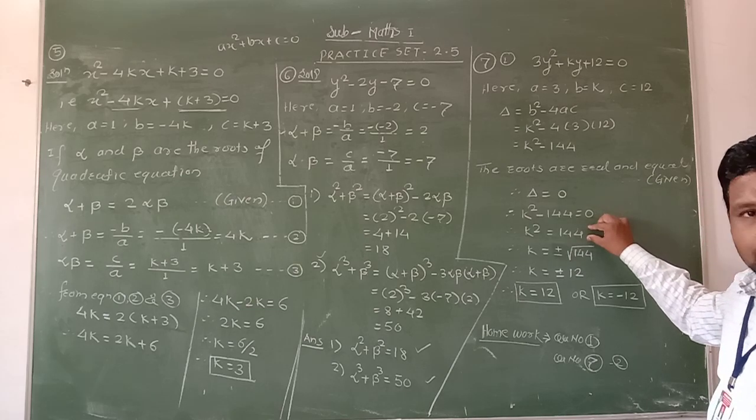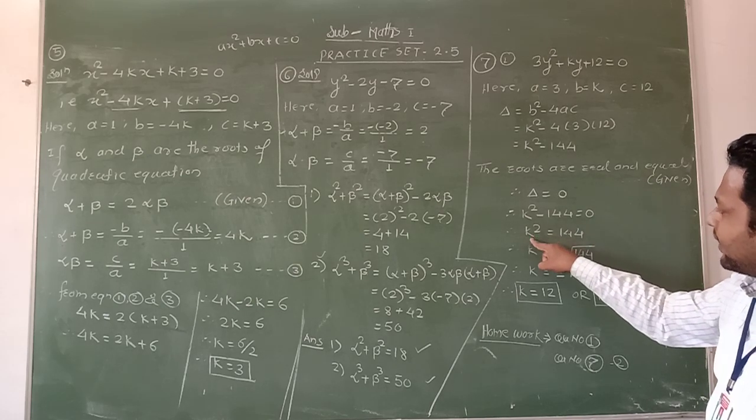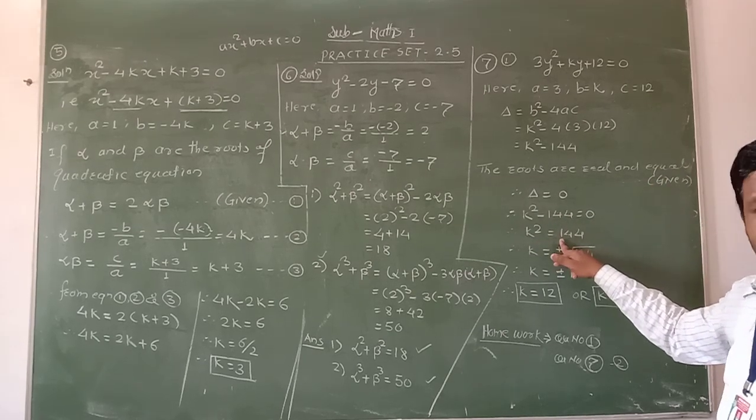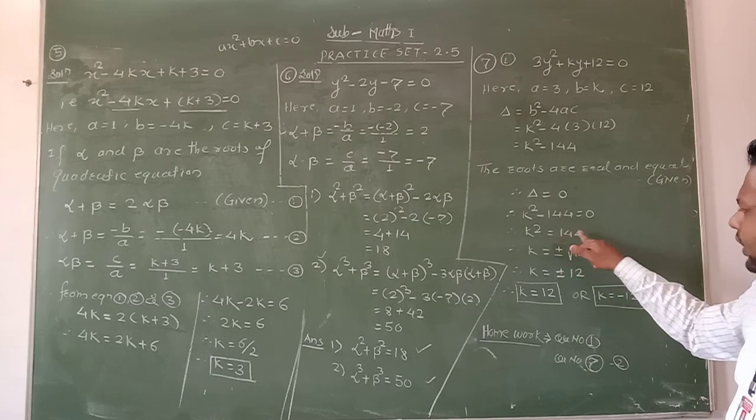Here we get one equation. We solve this equation. We can write k square is equal to 144, as we transfer 144 to the right hand side and it becomes positive.